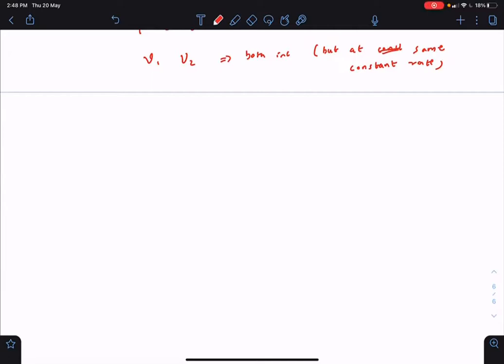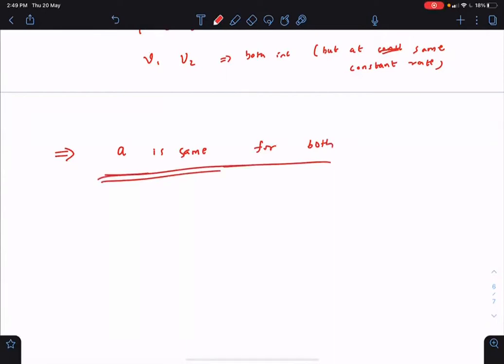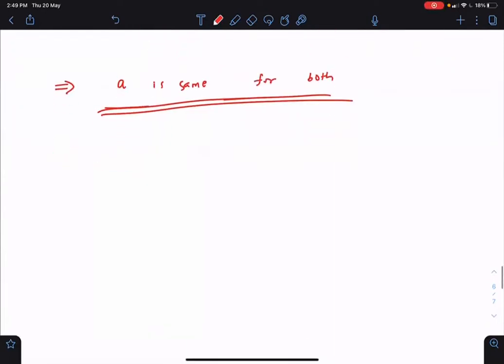Ultimately, you have to understand that a is the same for both. This is the logic you have to understand. Now equate the accelerations and your job is done. M1, M2, F over 2B, we will say.